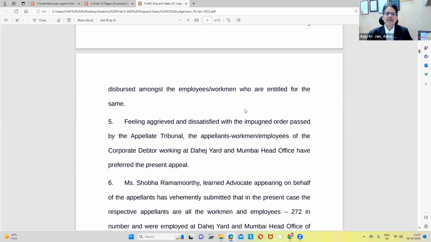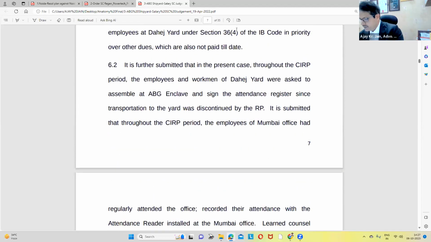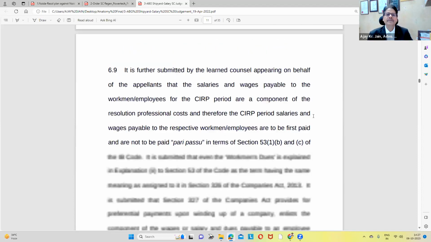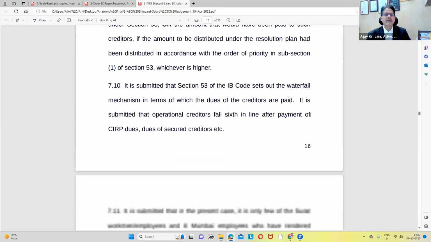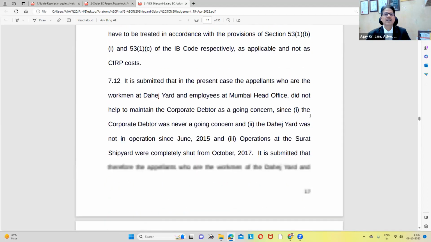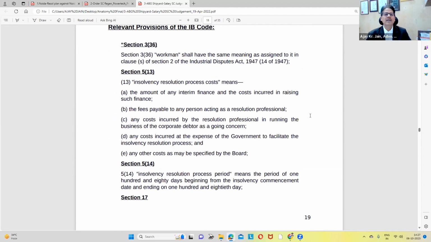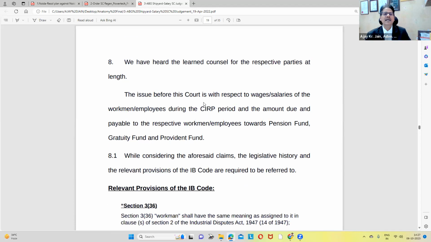Now come to, just a moment. ABG Shipyard, the relevant para is the last. We have heard the learned counsel for the respective parties at length.